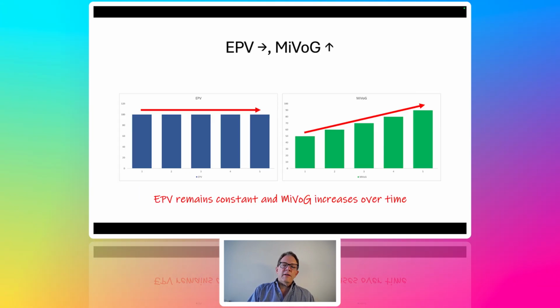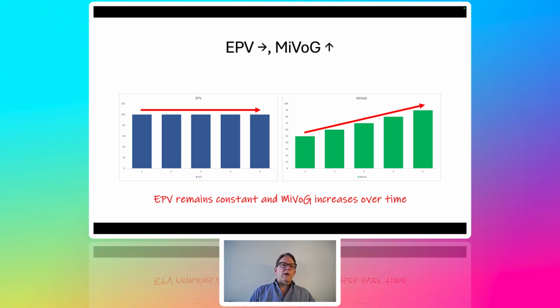All right. The third case we talked about is effectively a PE expanding on flat earnings, unusual, probably driven more by rates than by anything else, rates coming down. Your earnings power value is flat, but your market implied value of growth increases. This is effectively an expanding PE.